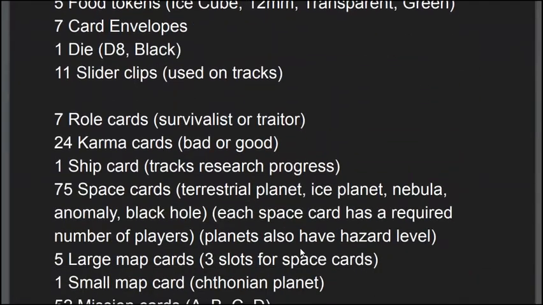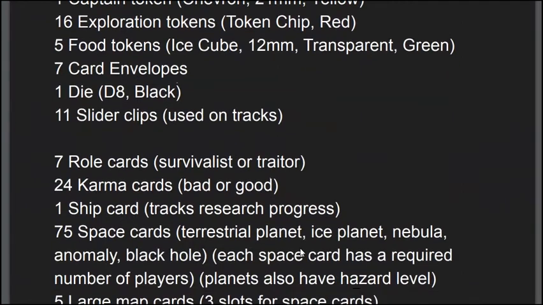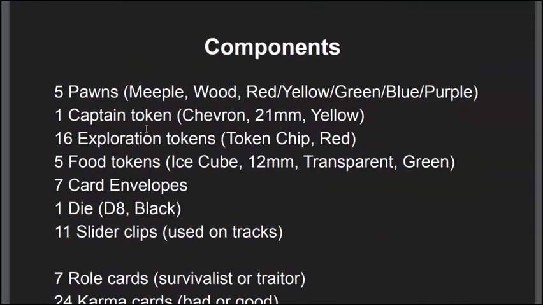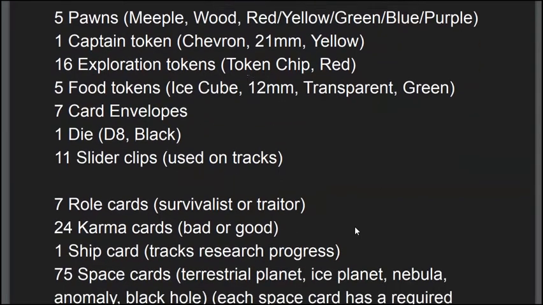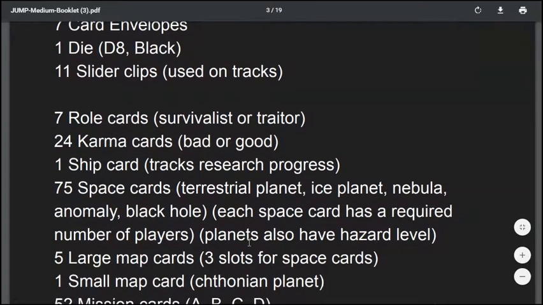All right, so your components list, it's good that you have numbers of how many of each piece that I should expect to find in the box. But lots of different kinds of cards, and I don't have a picture of the cards.